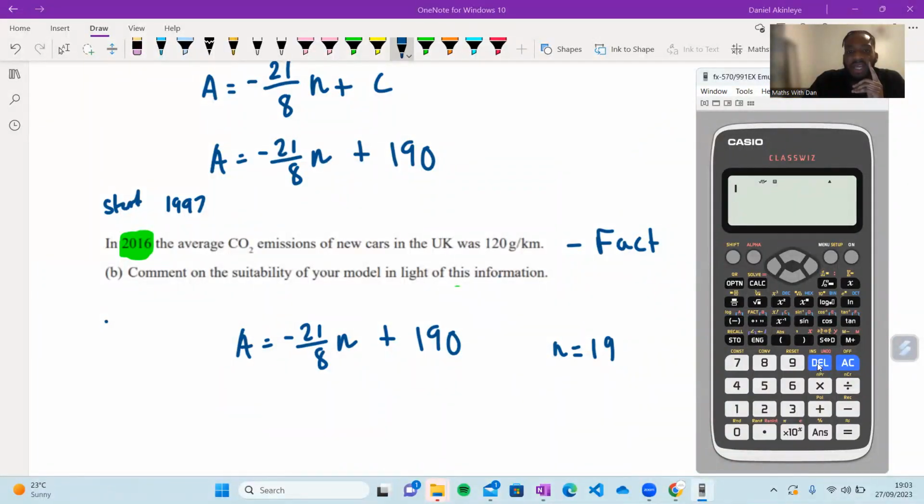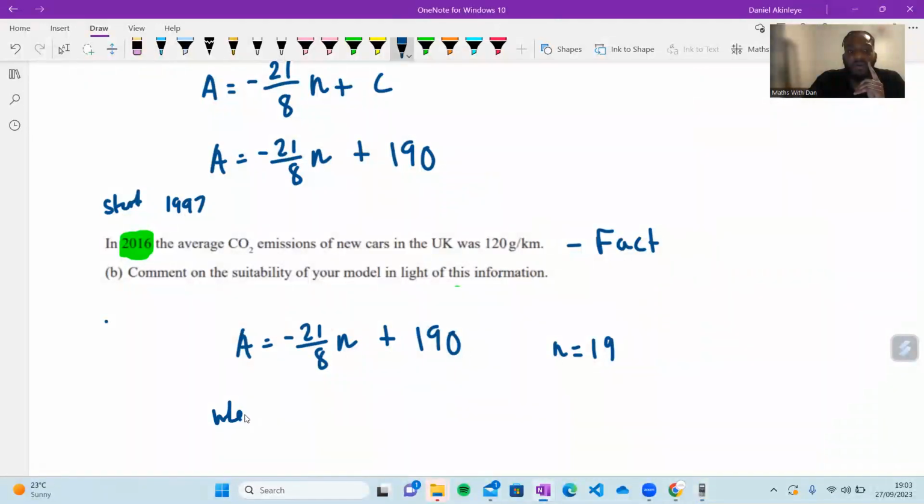So let's plug that in and see what that gives us. We're going to say minus 21 over 8, times 19, plus 190. This gives us 140.125. So when n is equal to 19, A is equal to 140.125.